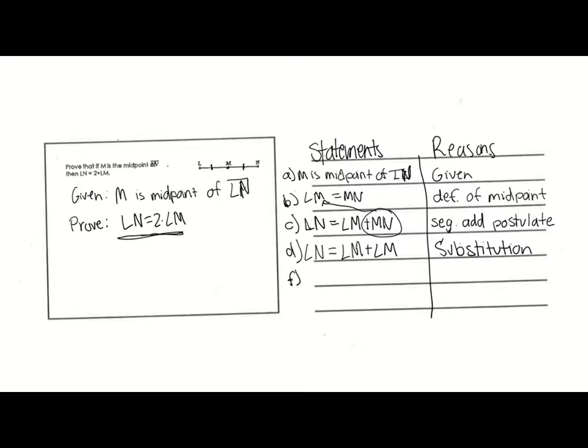And then we know that LN is equal to 2LM when we combine like terms. And that is what we were looking for, so that is the answer to our proof. We are done with that one. So let's move to the next.